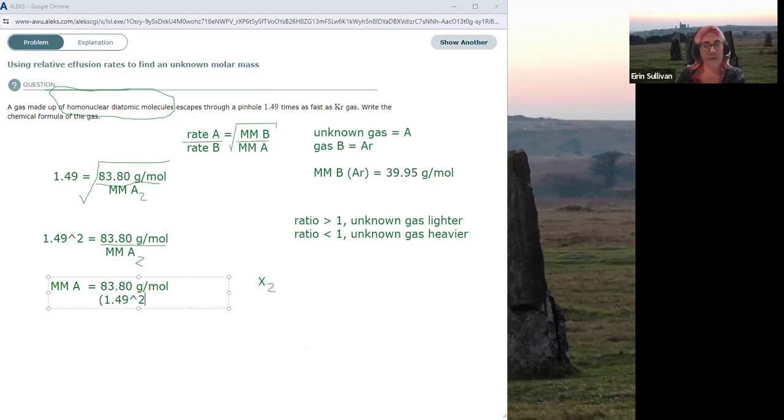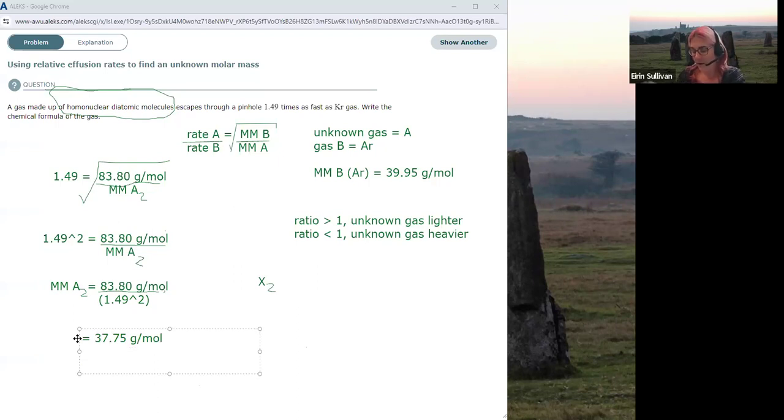All right, so let's just work out what it is. So remember, that's the molar mass of the homonuclear diatomic A2. 83.8 divided by 1.49 squared gives me a molar mass of 37.75 grams per mole. So to work out what the individual atom is on the periodic table, I would divide that by 2.